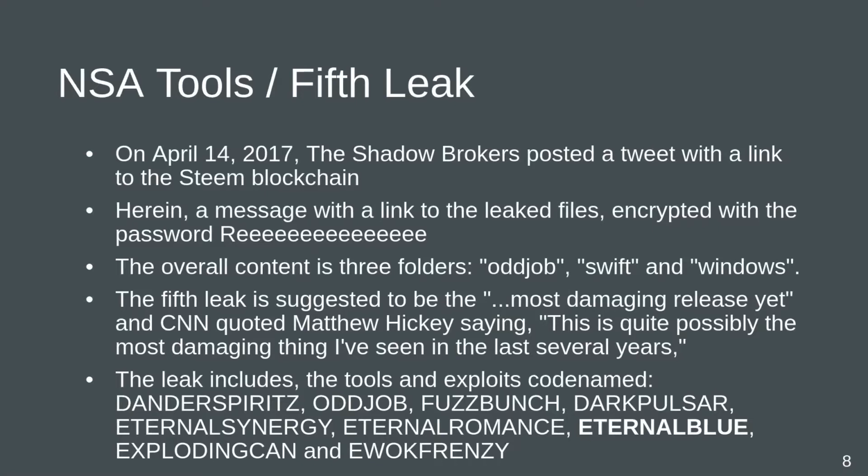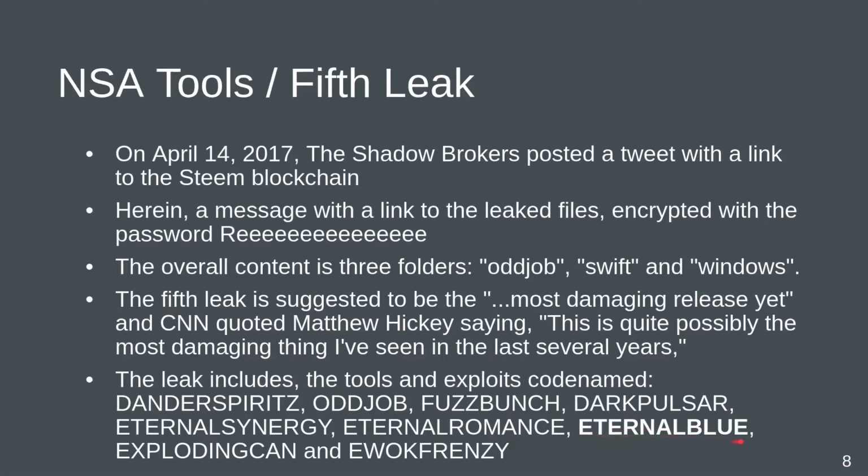And then the fifth leak was on the 14th of April 2017. There was a tweet and a message and some folders, Oddjob, Swift, and Windows. Now, the fifth leak was suggested to be the most damaging release, and in it was a tool exploit called Eternal Blue.